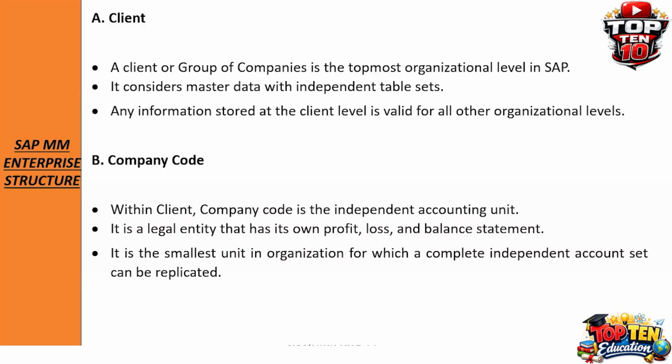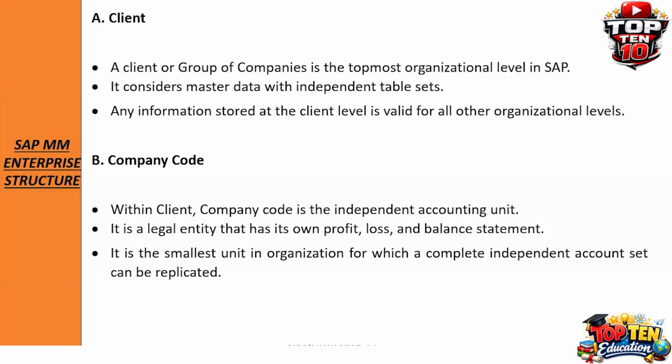To all the levels, that data will be valid. So if we are storing the data at the client level, we can call that data at the company code level, at the plant level, and at the other sub-organizational units.